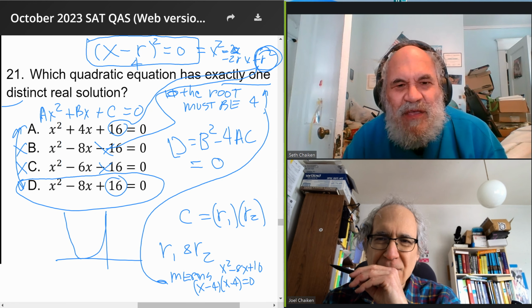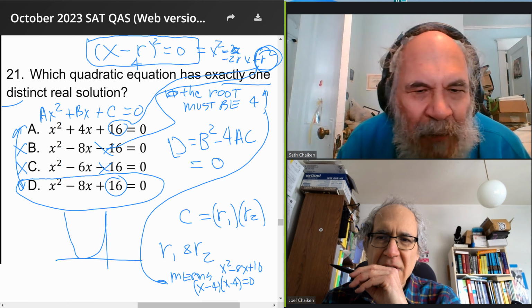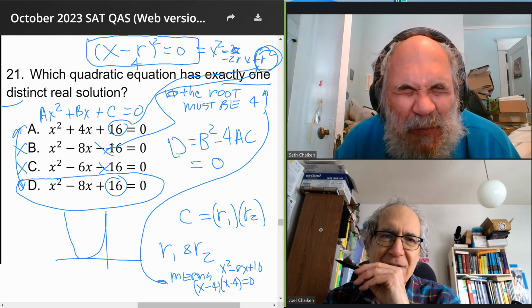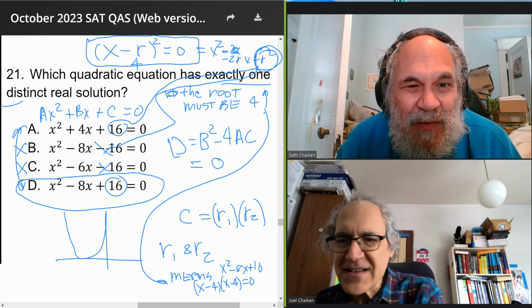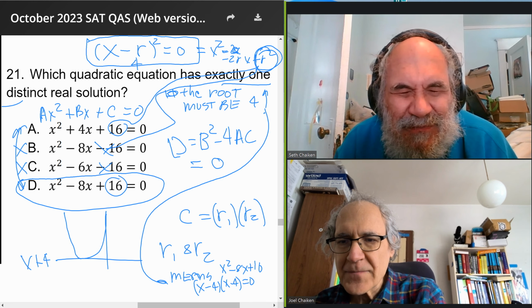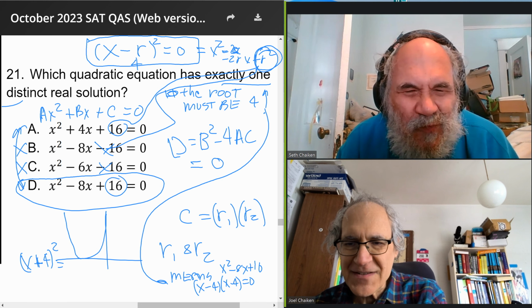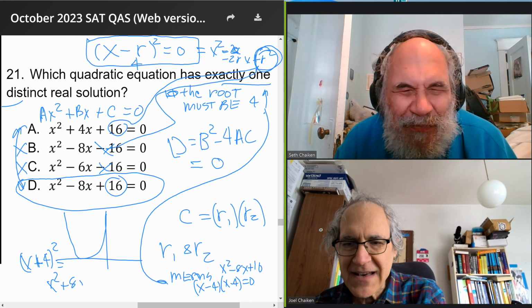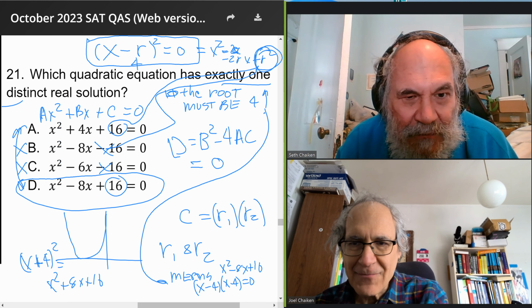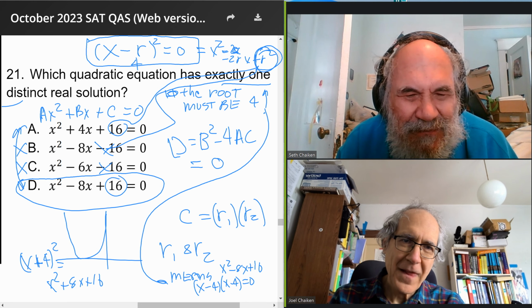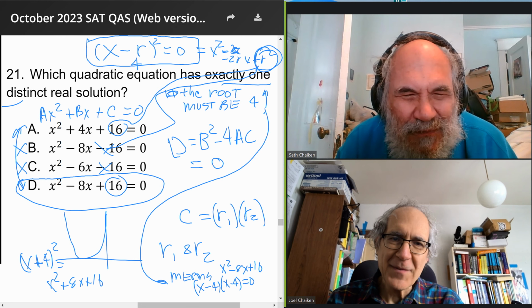Sure, r could have been negative 4. But they didn't give that as the answer. x plus 4 squared would have been x squared plus 8x plus 16, but that's not one of the answers. Thankfully, because then it would have been a problem on the SAT.